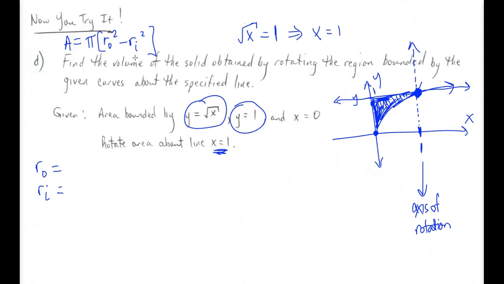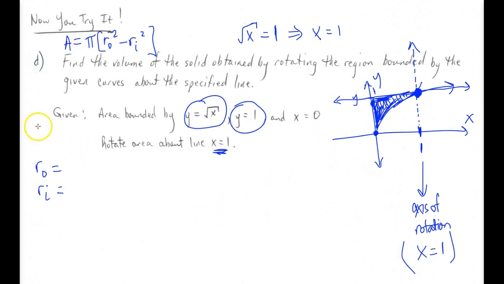The other thing that we need to figure out is, are we integrating with respect to x or integrating with respect to y? Since our axis of rotation is x equals 1, it's a vertical line, that means we are going to integrate with respect to y.